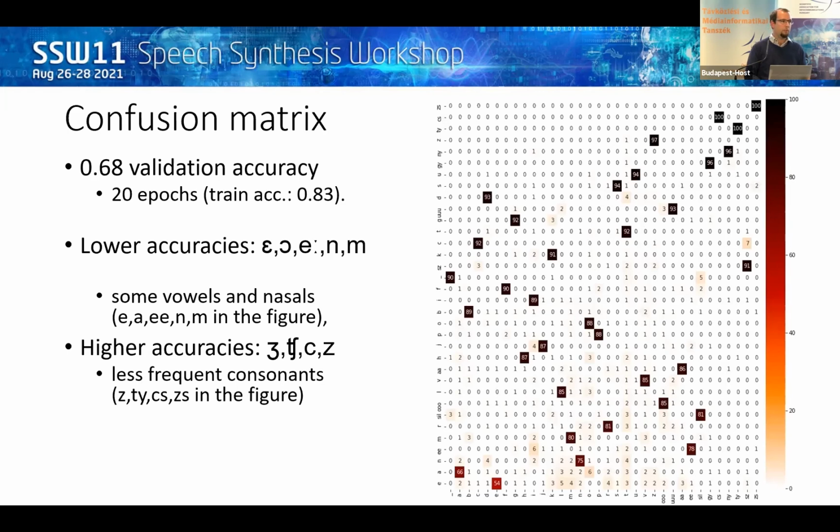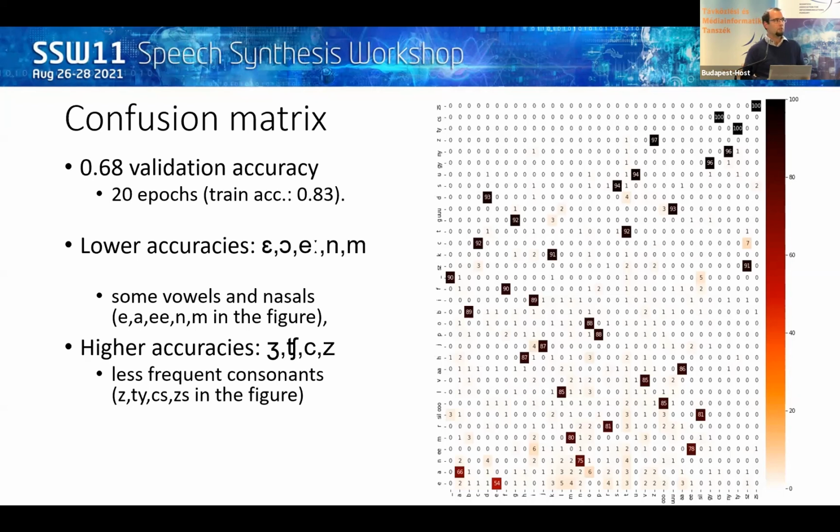If we check the confusion matrix of this ultrasound to text, there can be a couple of observations. This big matrix is in the paper where it's easier to check, but I will tell you what is the most important part. The question was which of the speech sounds are mostly recognized when we are recognizing from the ultrasound input, and we had the lowest accuracies with the vowels a and á, and also with the nasals m and n. So based on the articulation, these can be easily confused.